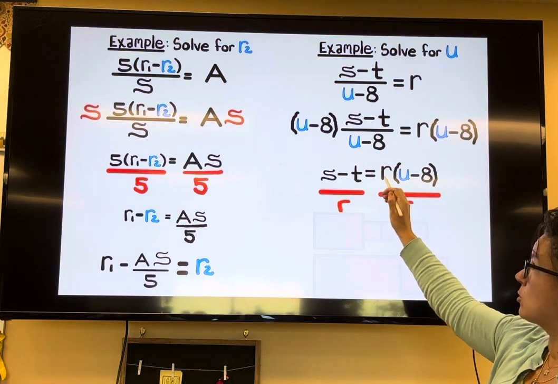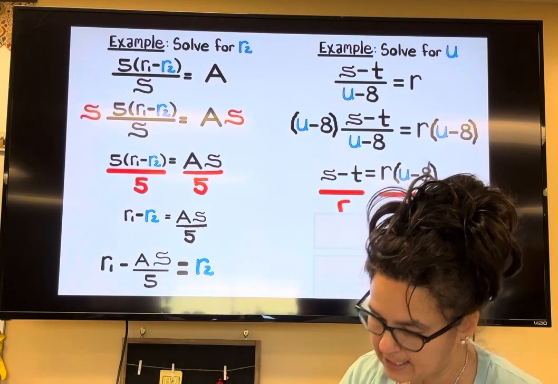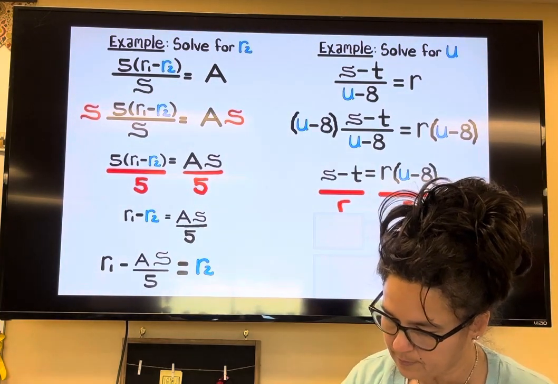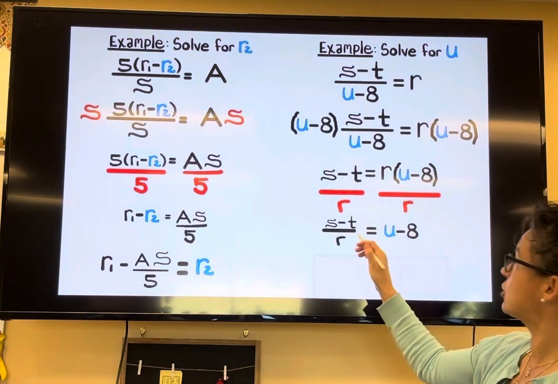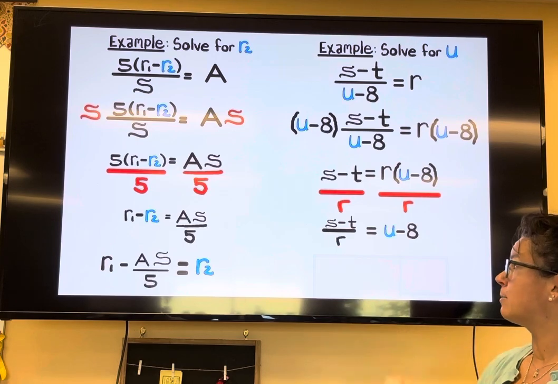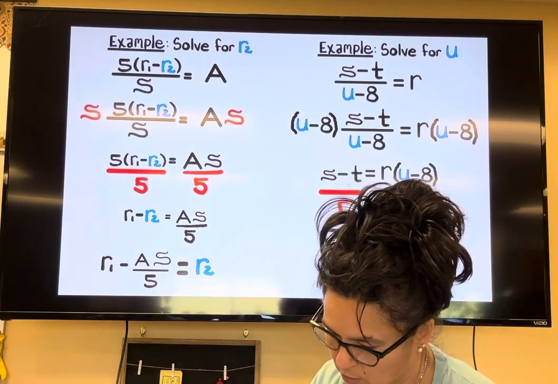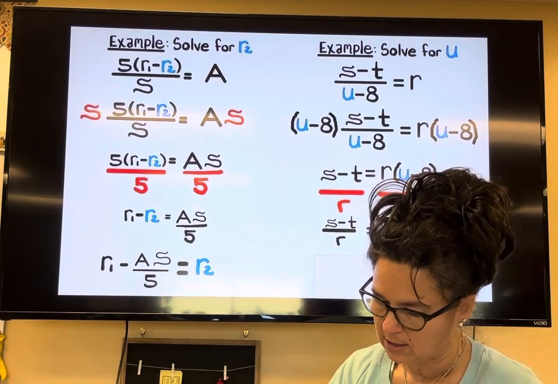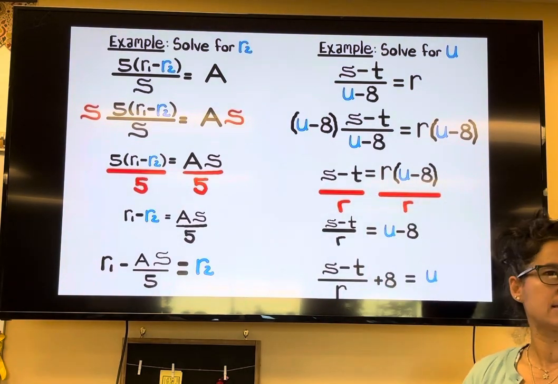So this r gets rid of this r, and u minus 8 is by itself. I'm going to bring the equal sign down, and then I have this fraction. To get rid of the minus 8, I'm going to add 8 to both sides. And so then u is going to be by itself, and when I add 8 to the fraction, I have this fraction plus 8.